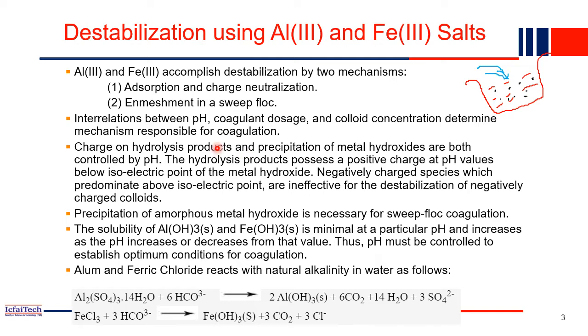Okay, in the last slide I have shown one reaction also, right? So these reactions will happen depending on the pH. This is controlled by pH. So we have to check what is the pH of the water, and accordingly add the coagulant dosage, and then the reaction will take place.